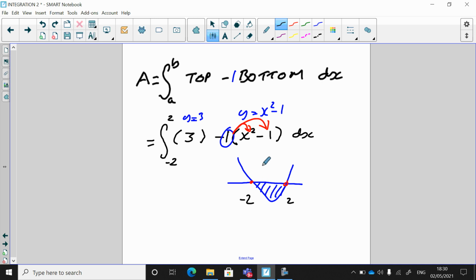So that's what's going on here, and we're summing that up. We're adding up all the wee areas, and that's what that means. What does it mean, summing up all the wee areas? Well, all these wee areas here are just like wee rectangles.